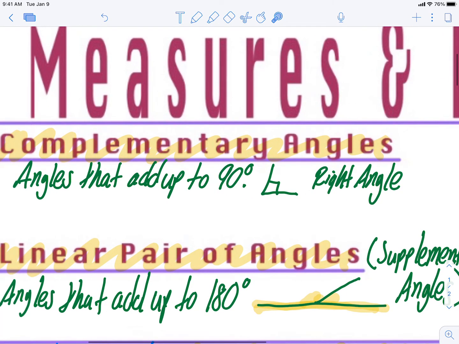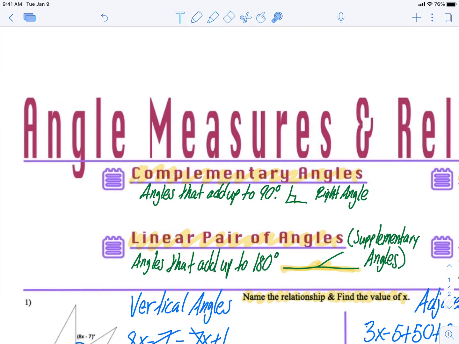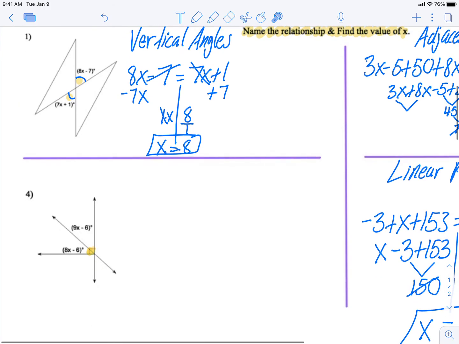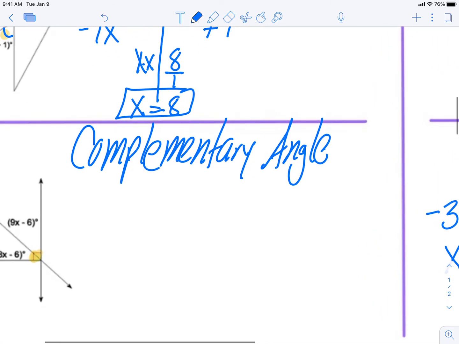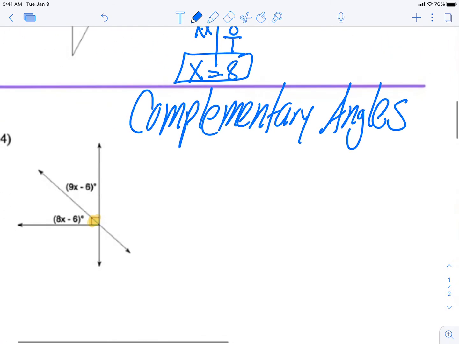So this is called complementary angles, and they are angles that add up to 90 degrees. So these are called complementary angles, right? And these two angles add up to 90 degrees.